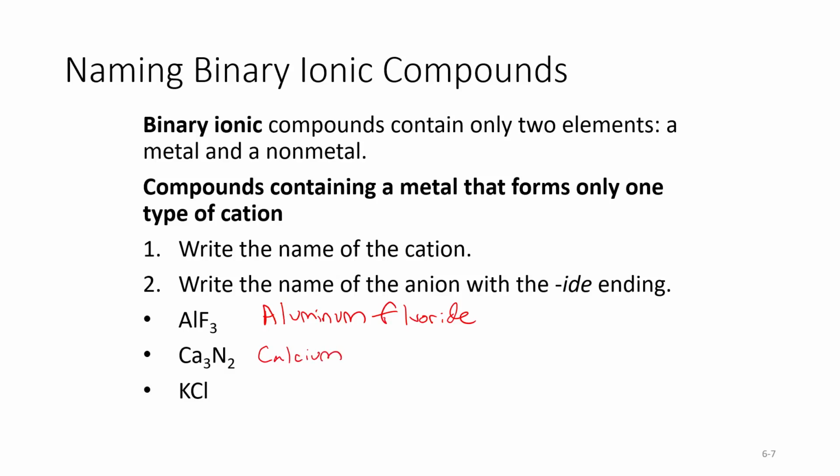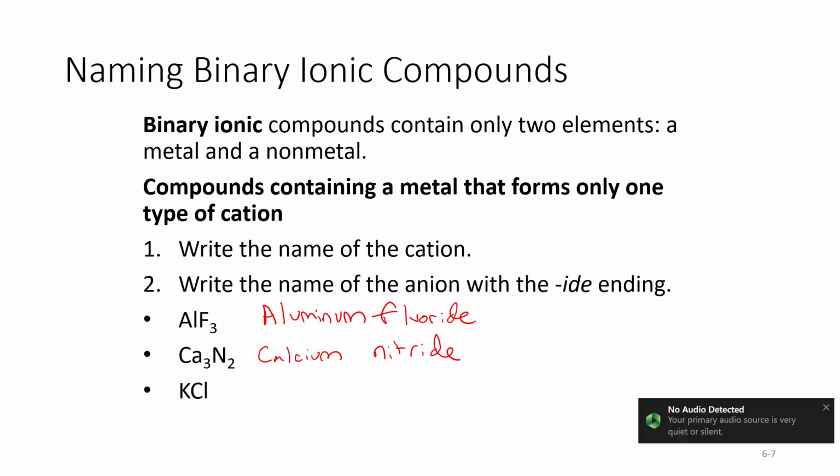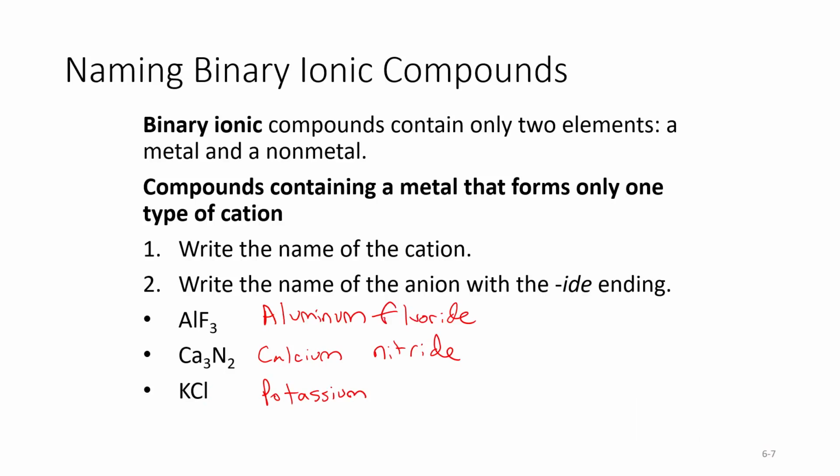And the N is for nitrogen, but we're going to use the IDE ending, nitride. K is for potassium. Cl is for chlorine, but we're going to put the IDE ending because we're talking about it in its ionic form, chloride. So that would be the systematic names of these.